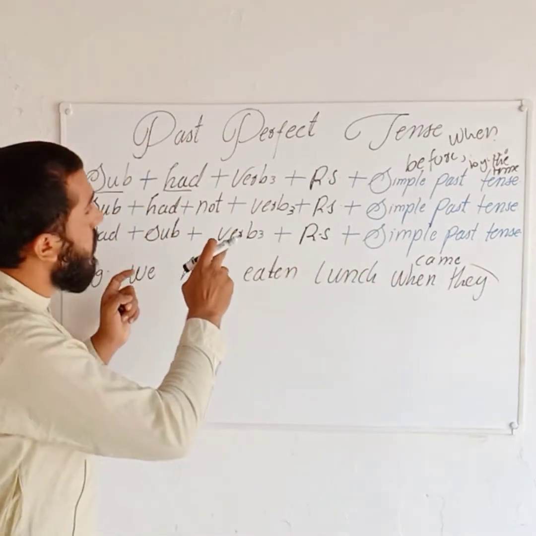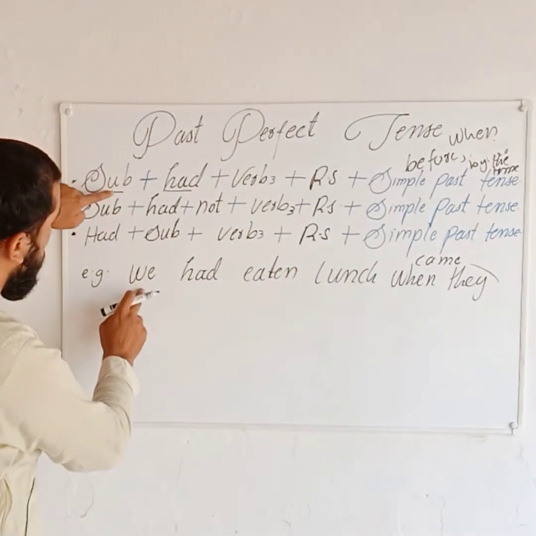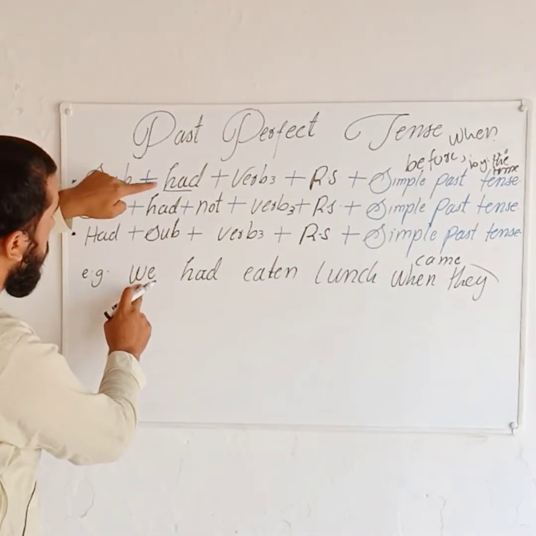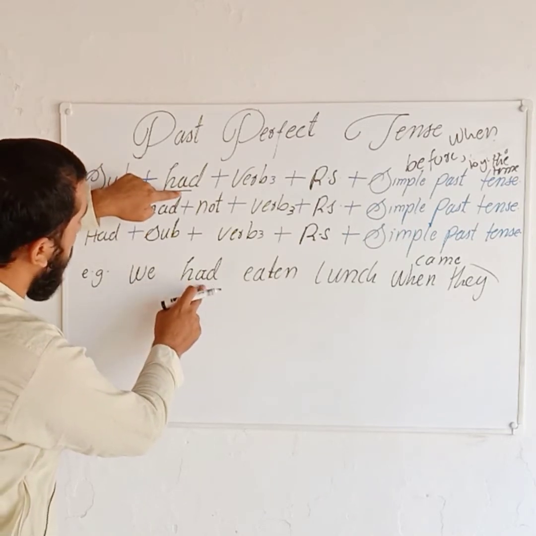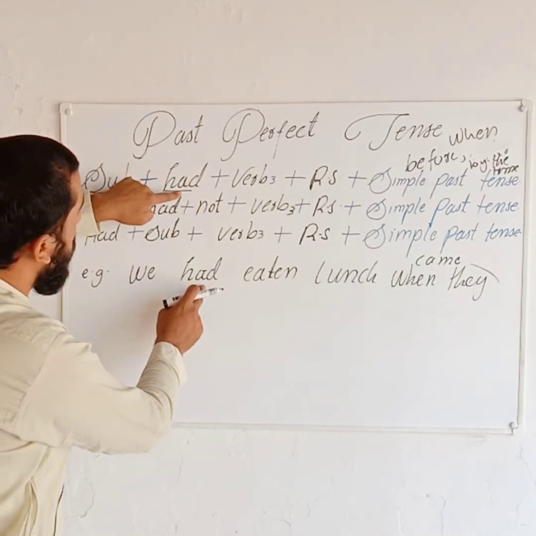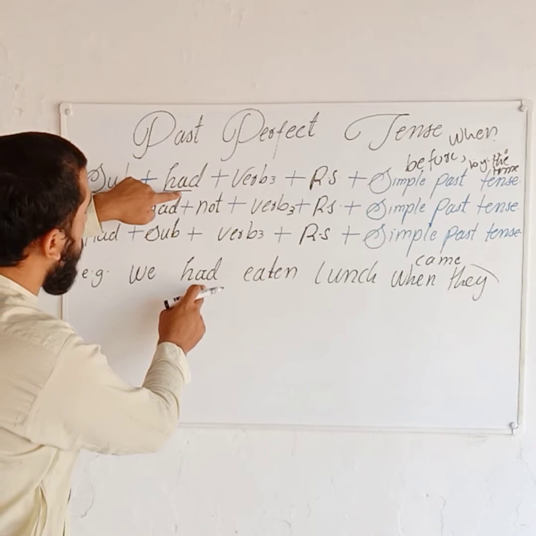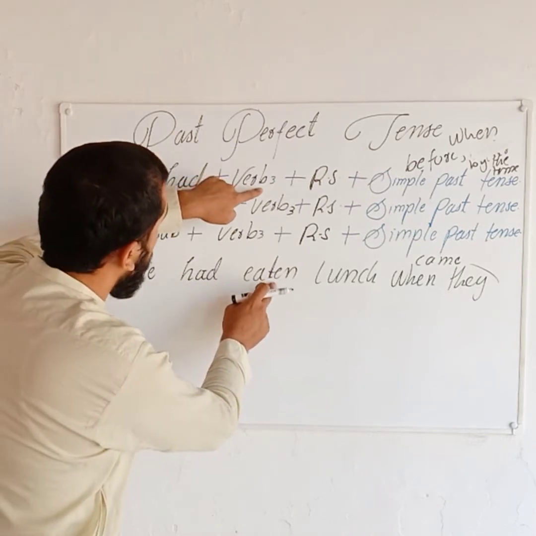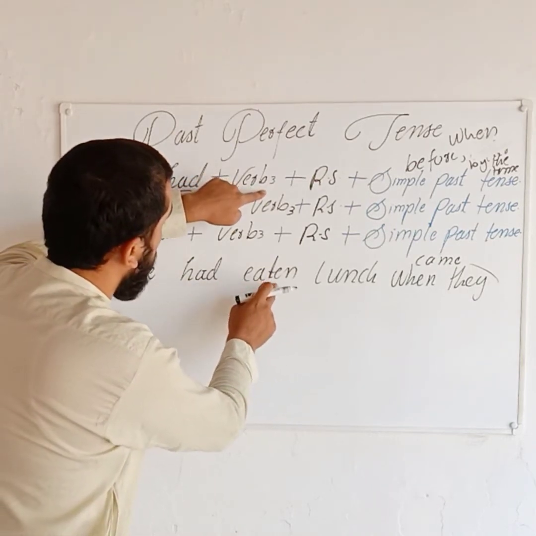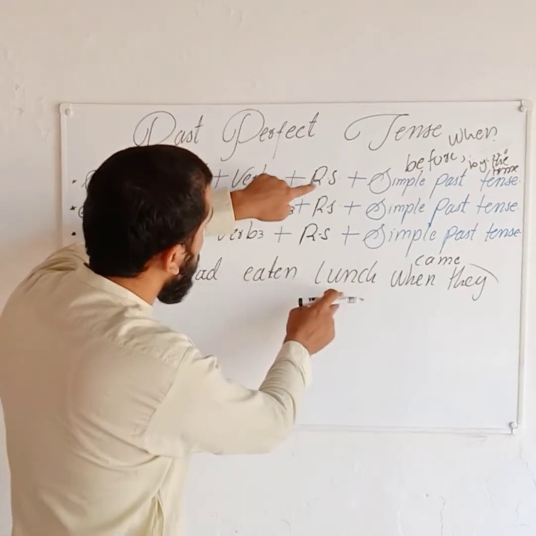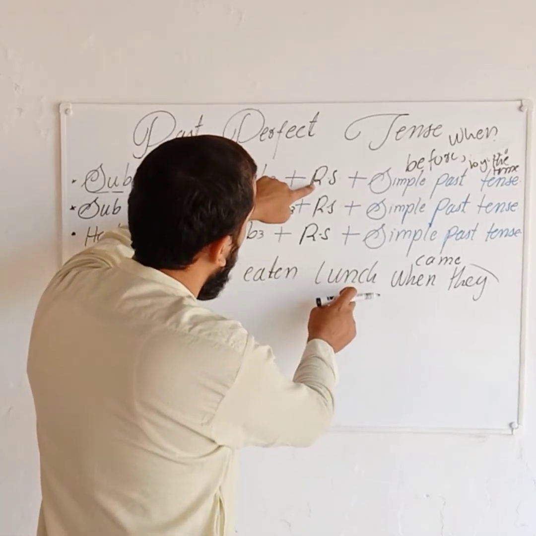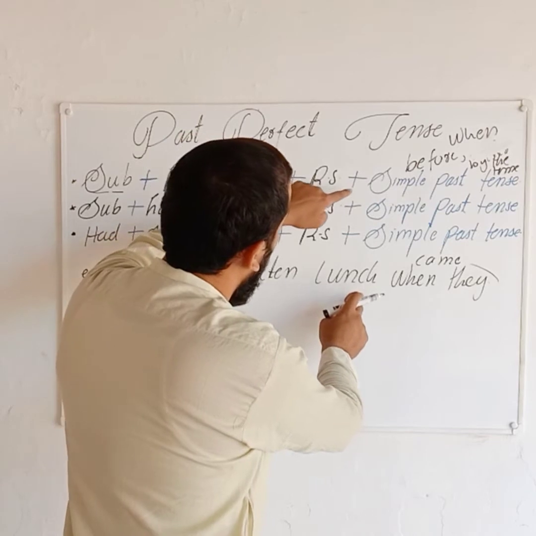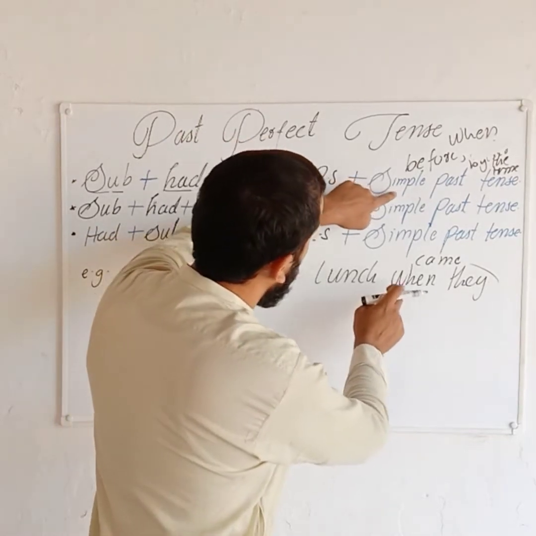Look at here. Positive structure. We use subject. We is the subject here. And then had. Had is the helping verb of past perfect tense. And then verb 3, the third form of verb. Eaten. We had eaten lunch. Lunch is the object here. And then simple past tense.